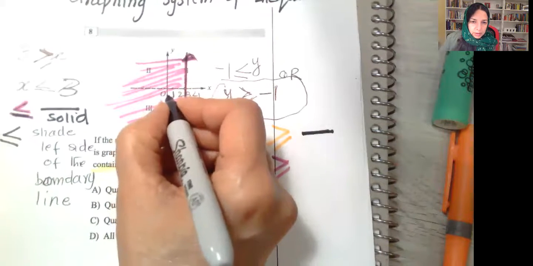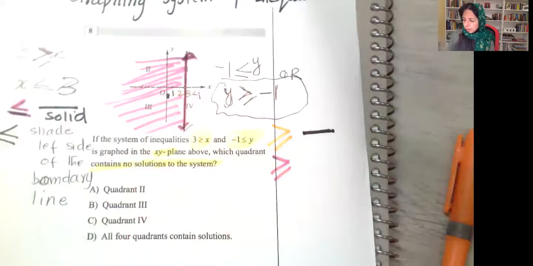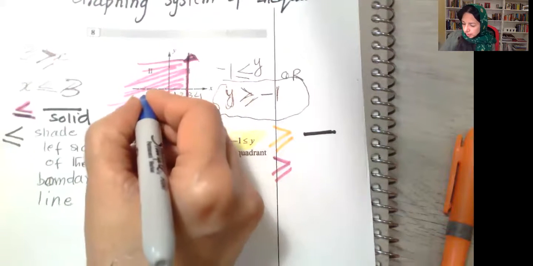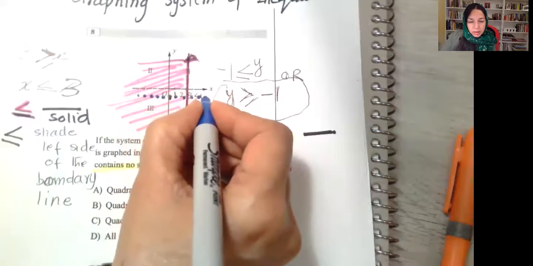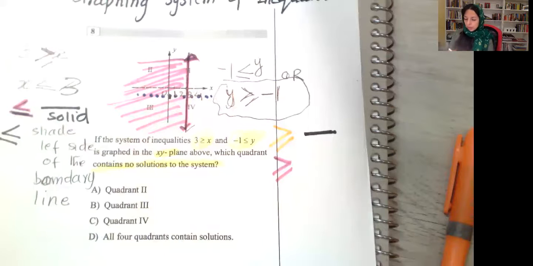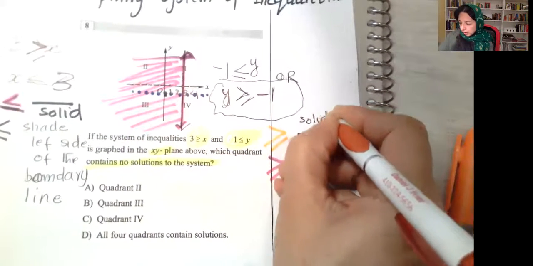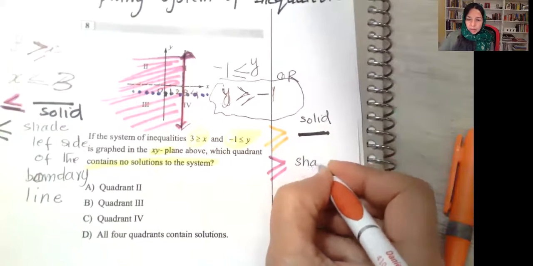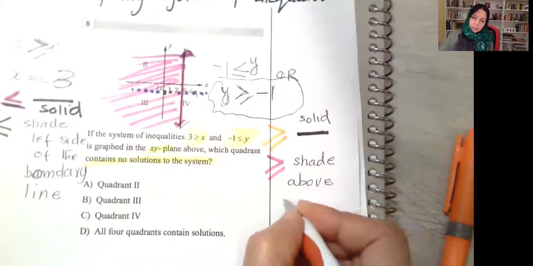Wherever you go, left or right, the line is going to be horizontal. When we connect those points, we know the line is going to be solid because we have an equal line underneath the inequality sign. Solid line, and we are going to shade above the line.